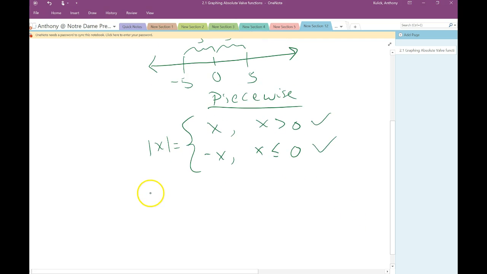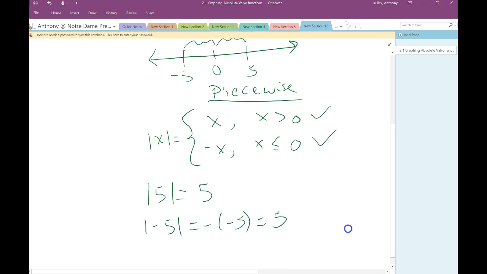So just to get a feel of how this works, if I want to do the absolute value of 5, well, 5 is greater than 0, so I do this. If I want to do the absolute value of negative 5, well, negative 5 is less than or equal to 0, so I do this. And we get that same effect.